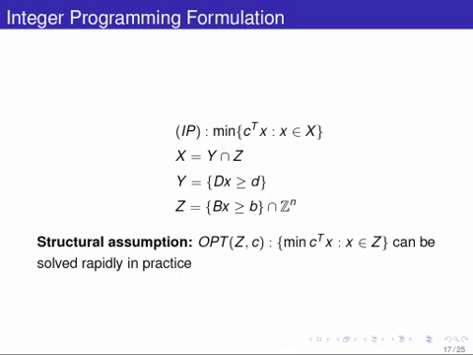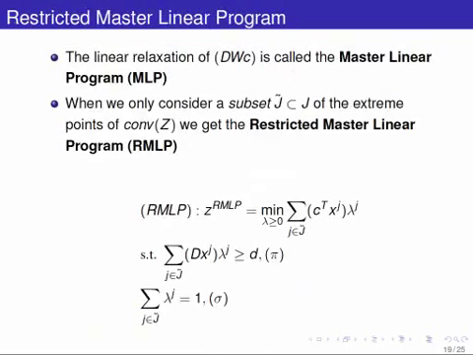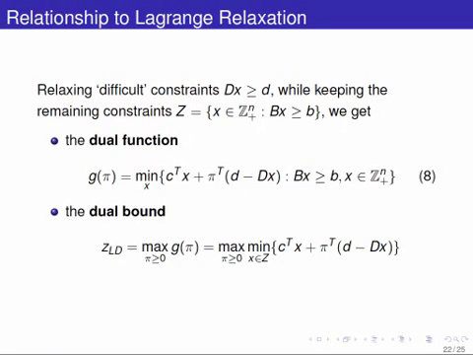Now, when you maximize this lower bound, this is what you get. This is the optimization you get over here.